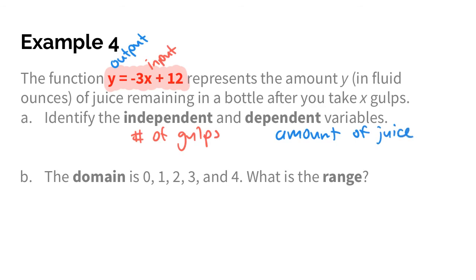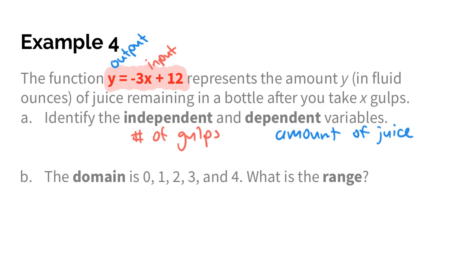So if let's say I take 0, 1, 2, 3, or 4 gulps, what would be the amount of juice that's left over? What this function rule does is, for any given input, it tells me what my output is. So my domain would be the list of all the numbers of gulps I could take, and the range is going to represent the amount of juice that's left over.